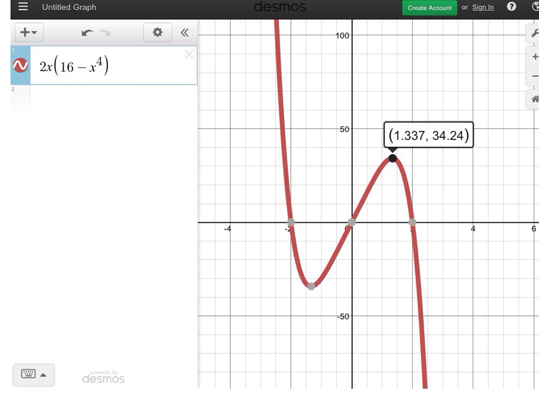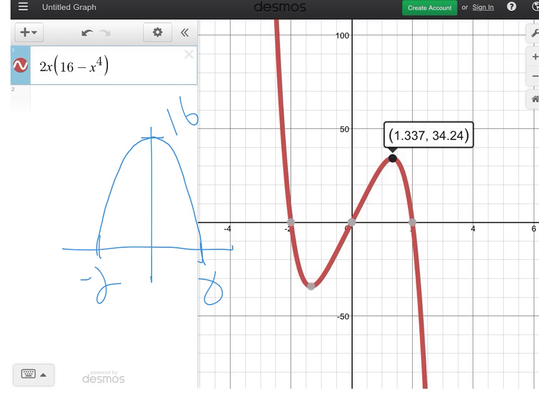So that tells me, so let's see, I've got negative 2 to positive 2, and I've got 16, and here's that graph. And if I come out to, let's see, eyeball this, 1.37, and of course my drawing is probably not doing it justice.